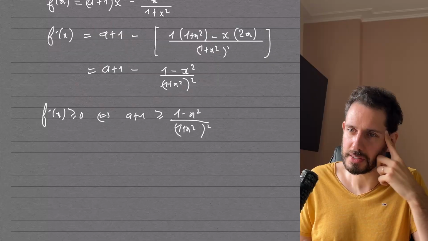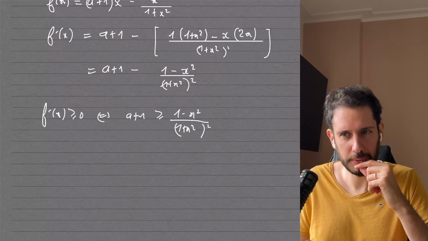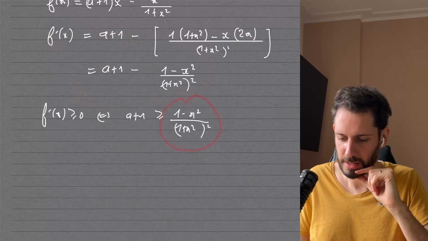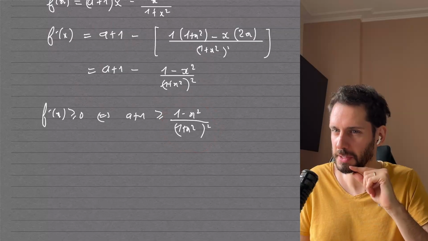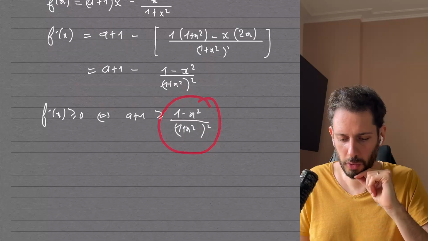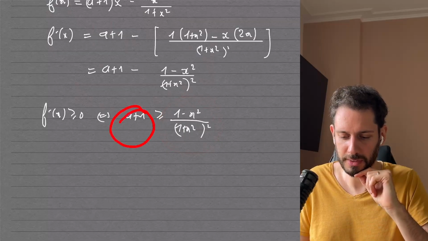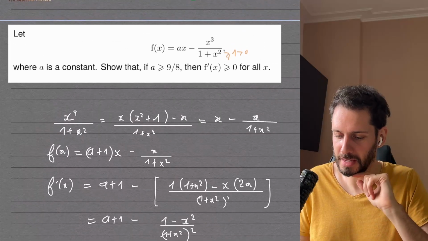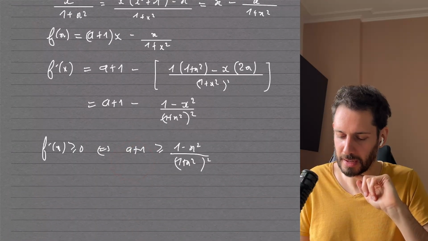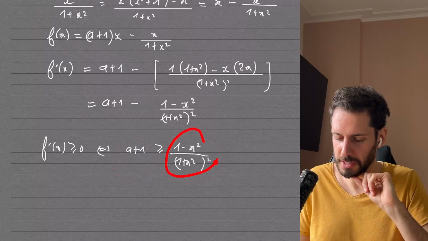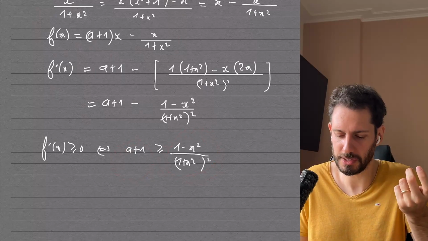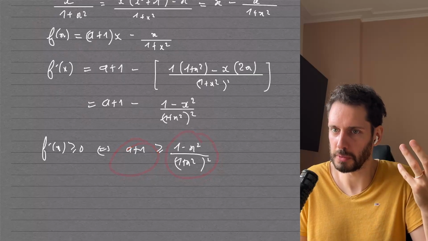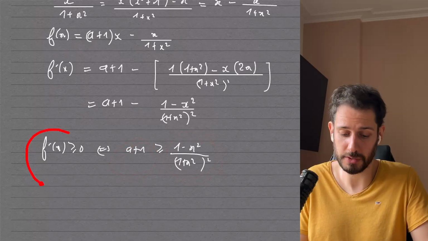And so when I see this, I'd like to maybe study if this function is bounded. Like, would this function always be smaller than this value? So I guess this value would be like 9 over 8 plus 1. I have a tendency, when I see this, to study this function and see if I can quickly check that it's always bounded by some constant value. And if that's the case, then I'm happy because this will be true.